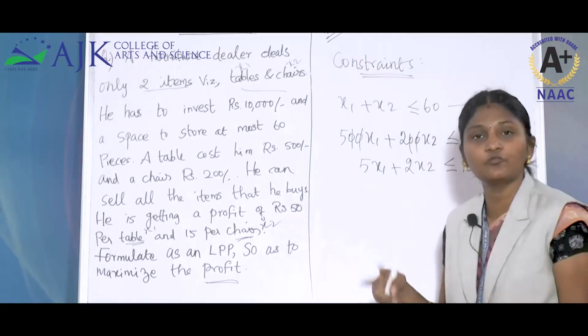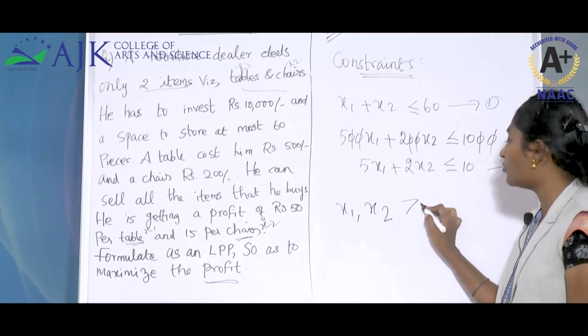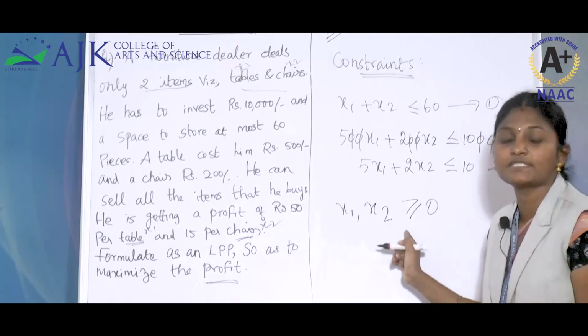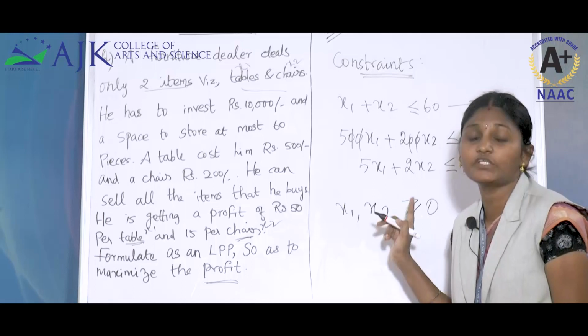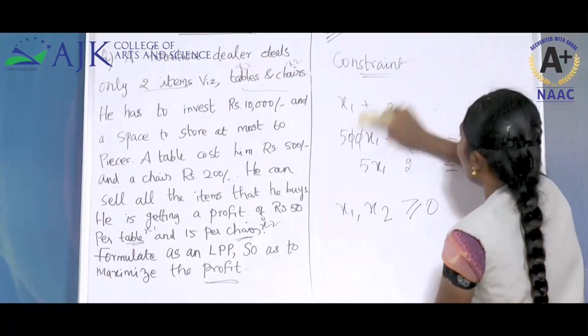Here we use two variables, x1 and x2, which are always greater than or equal to 0. This is our non-negative condition, or non-negative restriction. Is it clear? Next, write the overall thing.